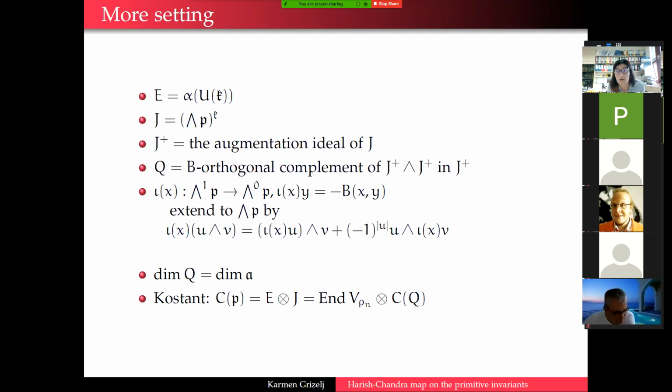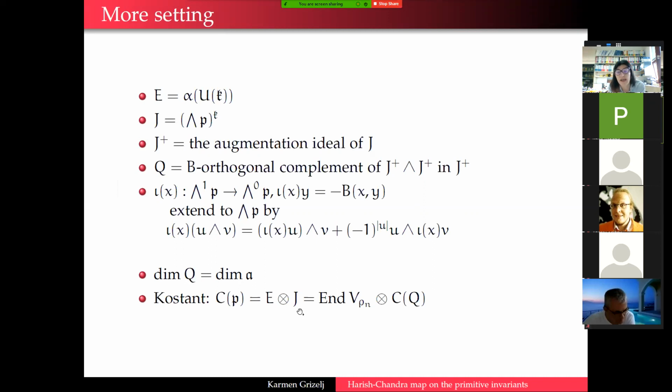All of this was important, first of all, because Constant proved that the Clifford algebra of P is actually a tensor product of this image and these invariants. And it's called the rho decomposition because this E part actually can be written as endomorphisms of V rho.